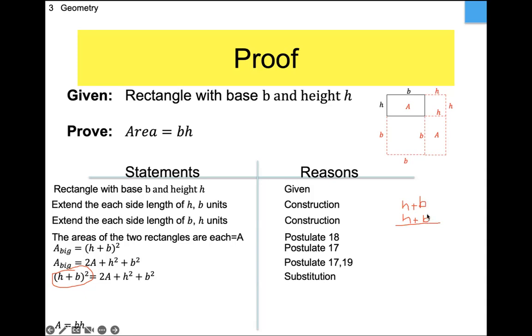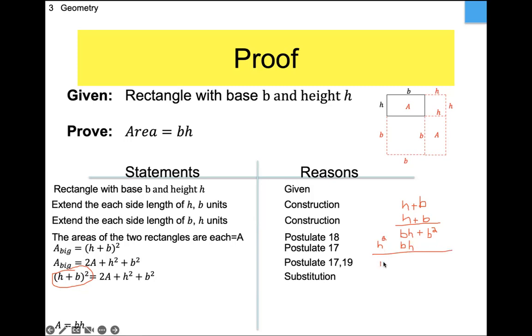I like stacking. Let's see, B times B is B squared. B times H is BH, or HB, and everything would be positive. Drop down. H times B is another BH, and H times H is H squared. I like doing the stacking method when I multiply binomials. Draw a line and add.